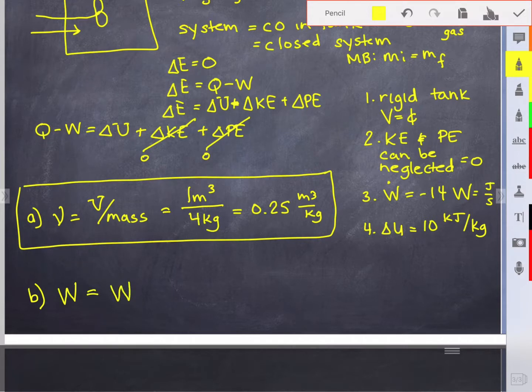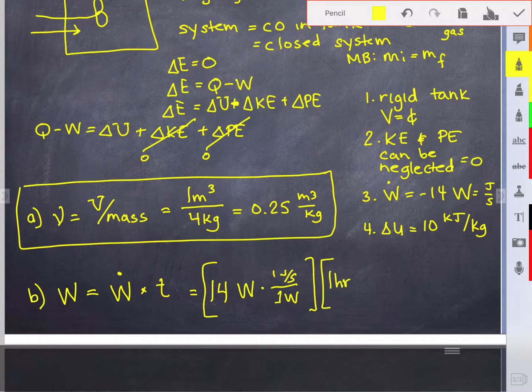Work is equal to the rate of work times the duration, which means that this is 14 watts, and we know that there is 1 joule per second per 1 watt, times the time, which is 1 hour, but you can see we need seconds in order to get to joules.